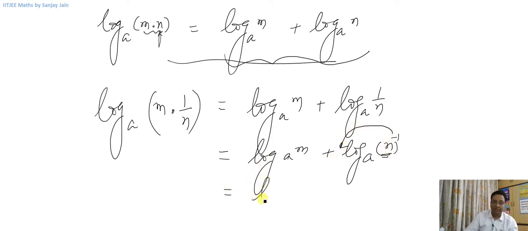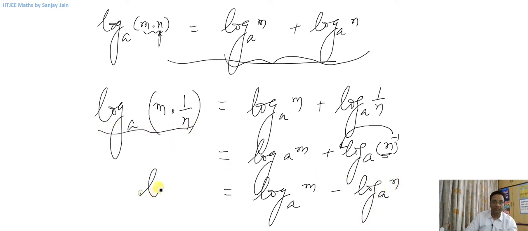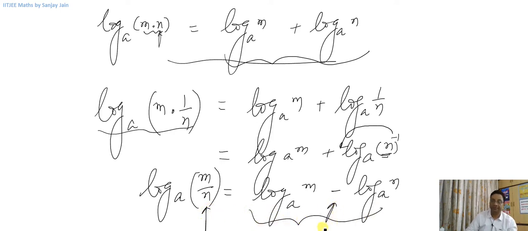So finally I am going to write it as log m to the base a minus log n to the base a. So this expression here, which is nothing but log a m divided by n, right? So this division got converted into this subtraction. Okay, so this is just an extension of the rule that we studied in the last lecture.